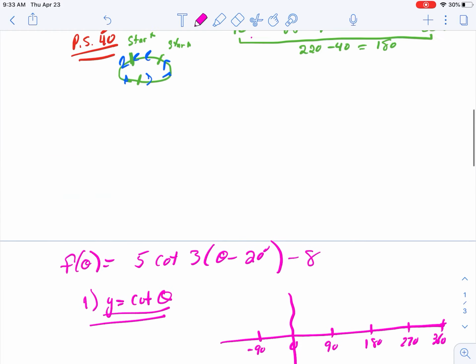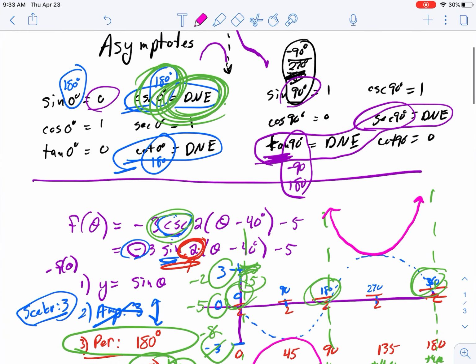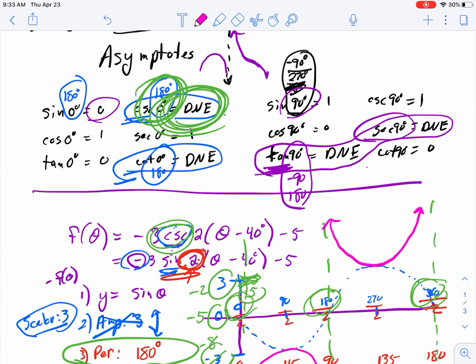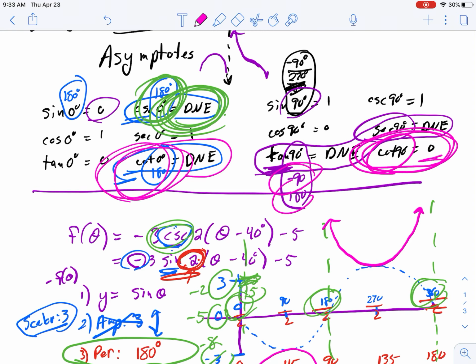Okay, well, I'm going to scroll back up and let's look at cotangent. Okay, here's a cotangent here. So at 90 degrees, which is the same thing as negative 90 and 180, it's defined there. It doesn't exist at these two values.